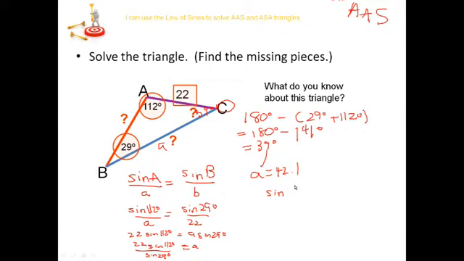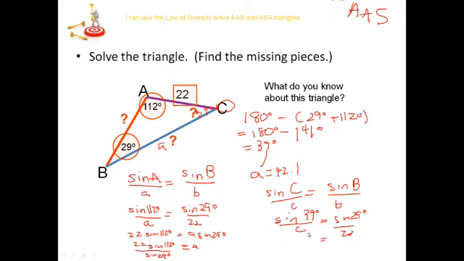So I get the sine of C over C equals... I can either use A or B here, it doesn't matter. I'll just use B since I already have those values. So the sine of 39 degrees over C equals the sine of 29 degrees over 22.